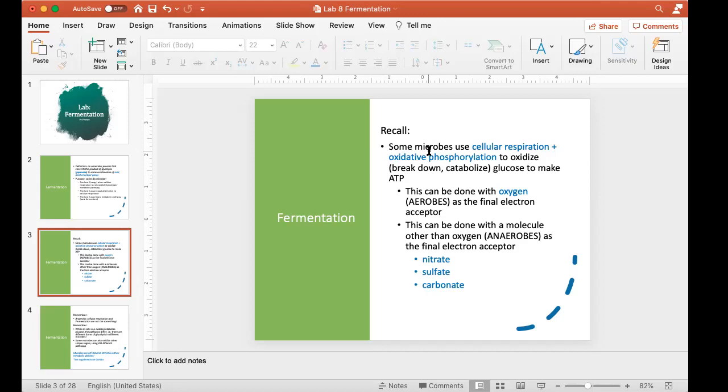And cellular respiration is just one long series of oxidation reduction reactions. It starts with glucose getting oxidized, and it ends with the final electron acceptor getting reduced, whatever that happens to be. In aerobes, the final electron acceptor is oxygen. And in anaerobes, it's some other molecule, typically either nitrate or sulfate or carbonate, although there are other molecules that can also be used.